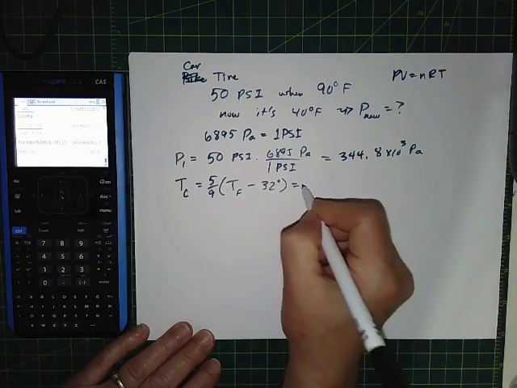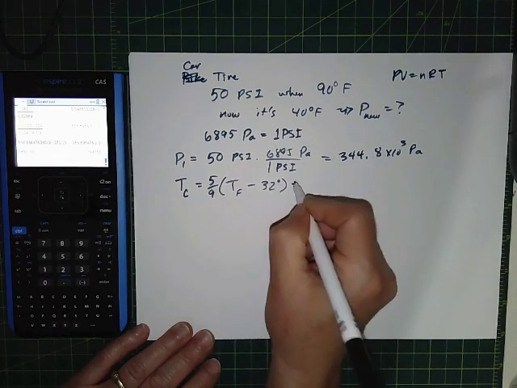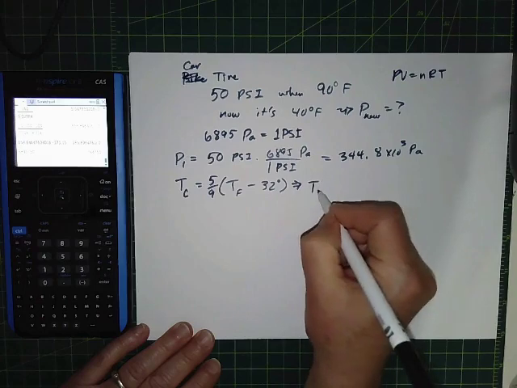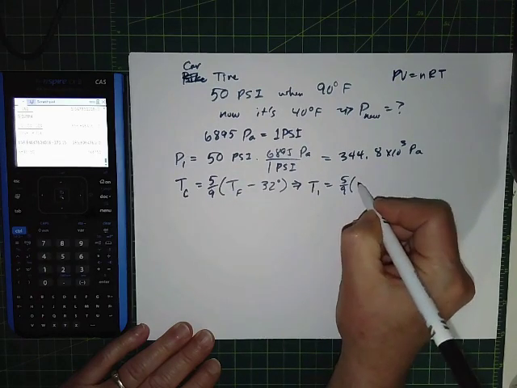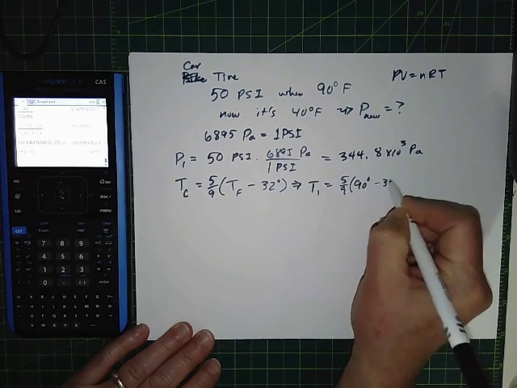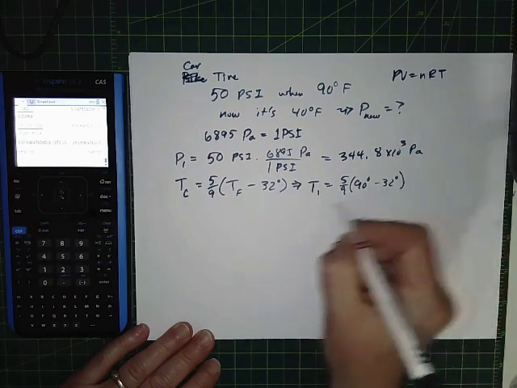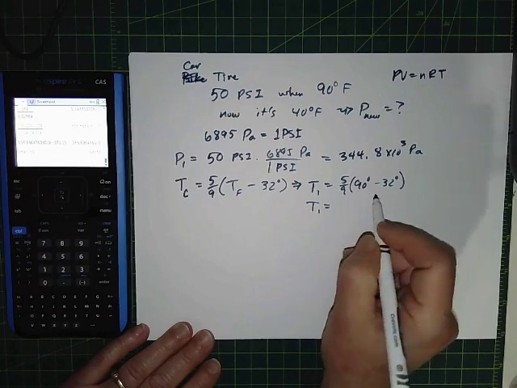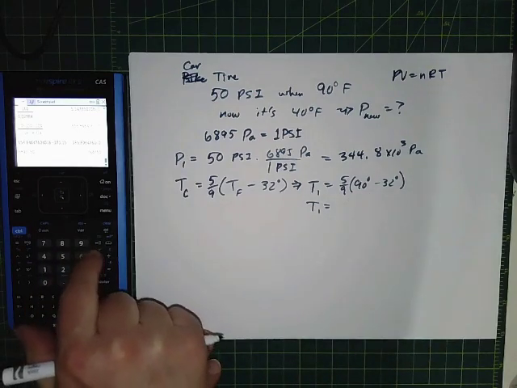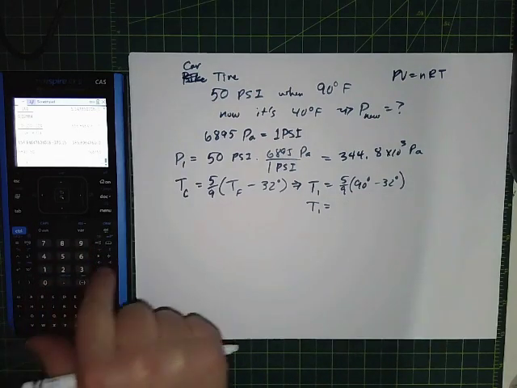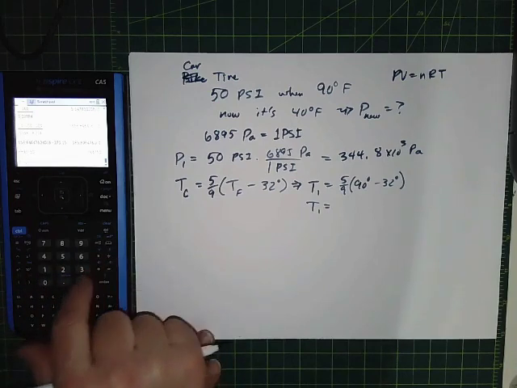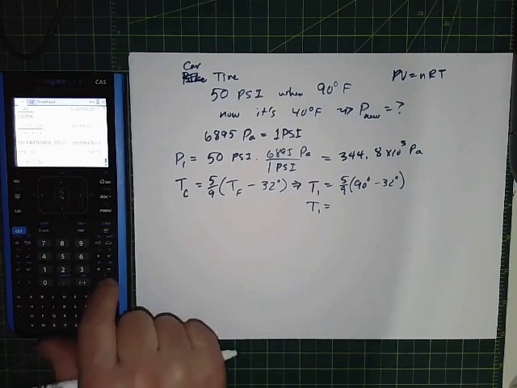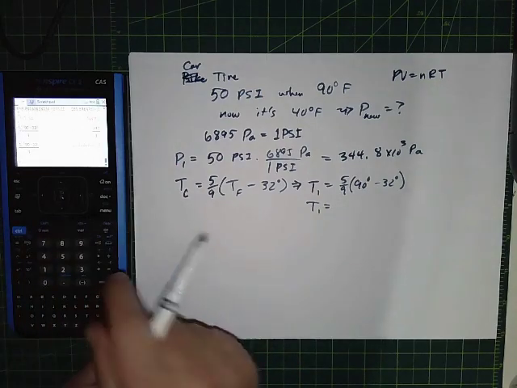We'll call it T1 since we call it P1. T1 is going to be 5/9 of when it was hot outside, 90 degrees minus 32 degrees. So T1 is 5 times 90 minus 32, and then divided by 9.